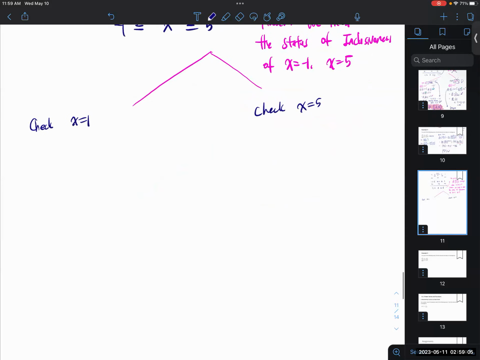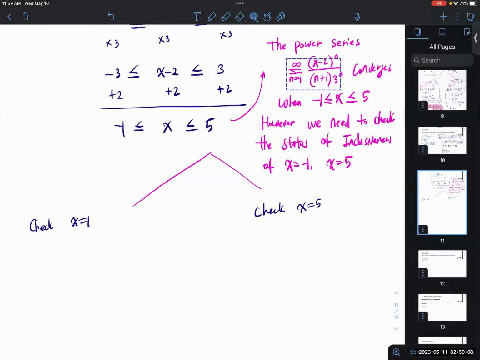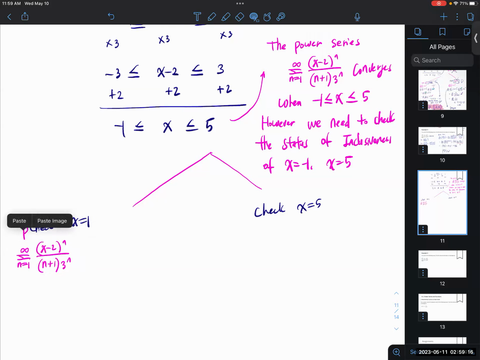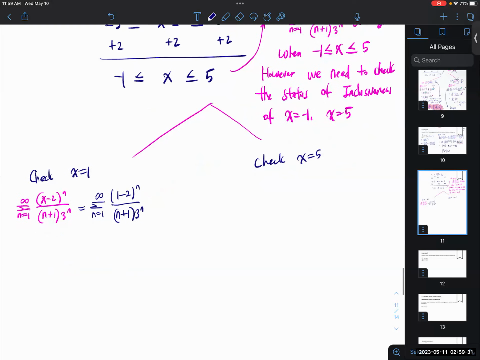Plugging in, right? So we do have this copy, and I'm going to get rid of this. Okay, so you're going to plug in -1. So the sum to infinity of (-1 minus 2)^n over (n plus 1) 3^n.